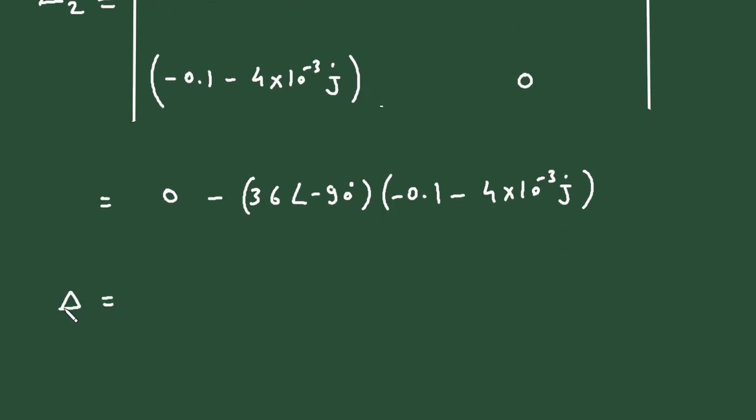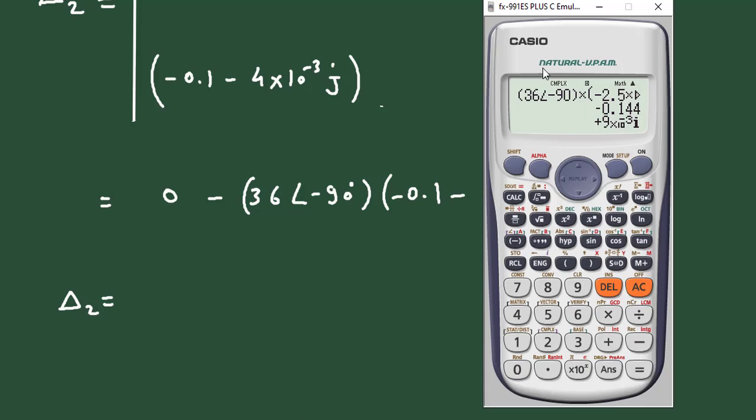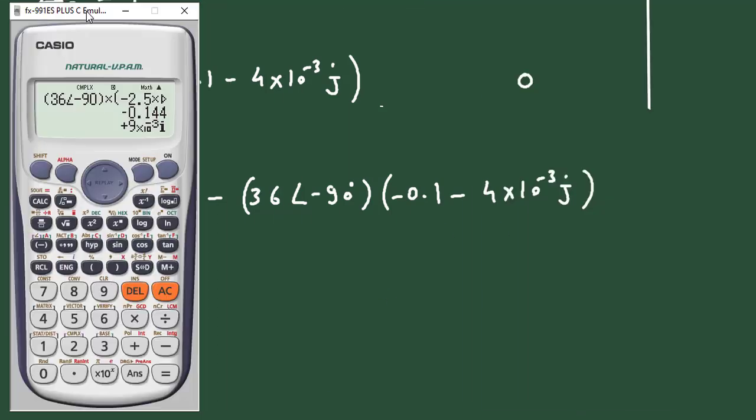So delta 2 is equal to minus 36 at an angle minus 90 degree multiplied with minus 0.1 minus 4 into 10 to the power minus 3 into j, bracket close.